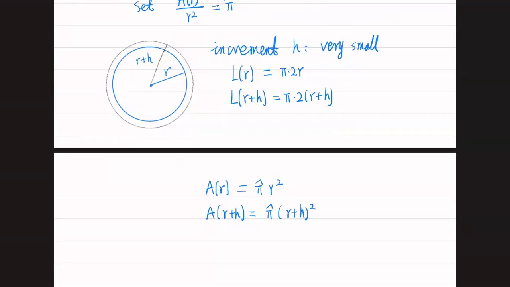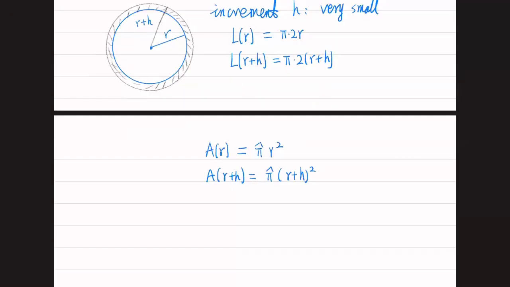Okay, so now we have everything we need. The interesting part, what is the area of the increment? Kira, could you do the area of the big circle subtracted by the small one? No, the area of the small circle subtracted from the area of the big circle. Okay, so the big one, we have a formula.